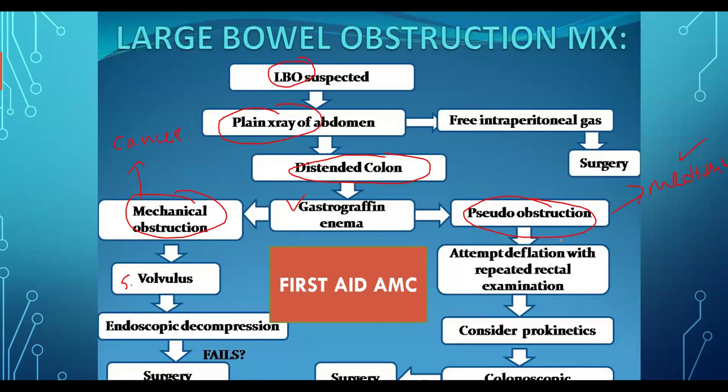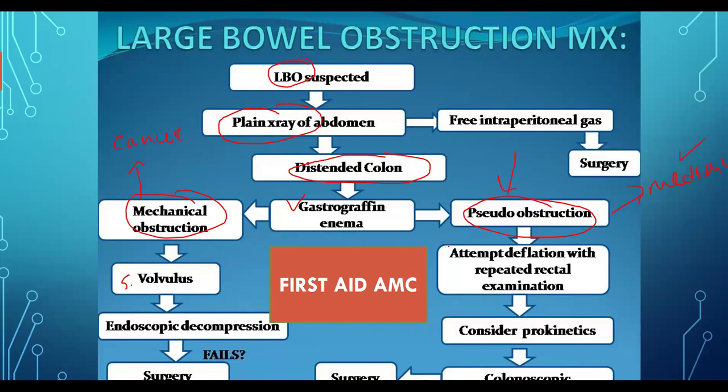If you say that there is no obstruction in the gut after gastrographin, and you confirm that this is pseudo obstruction, then you do. Now there is one other way. Even by looking at the X-ray, there is a way to say that it could be pseudo obstruction. How?